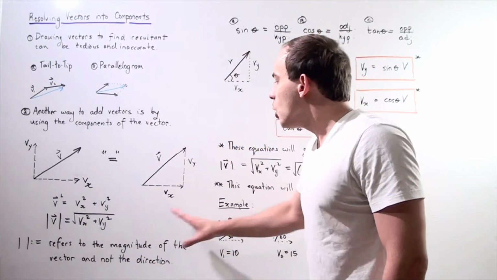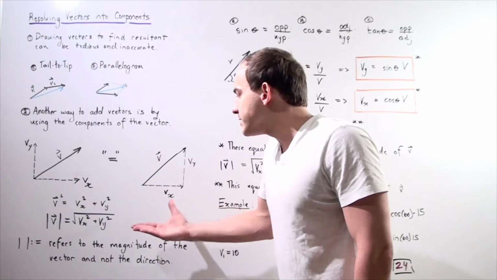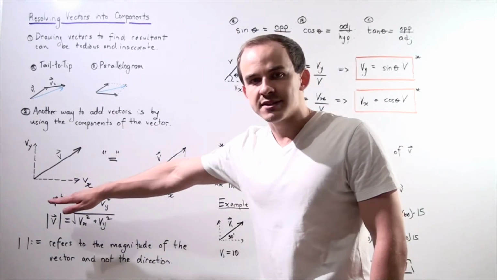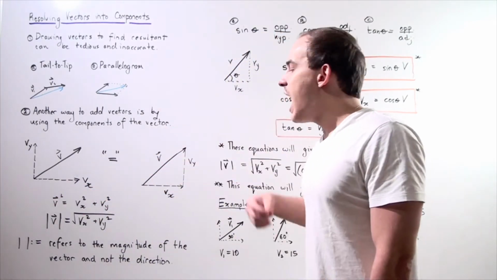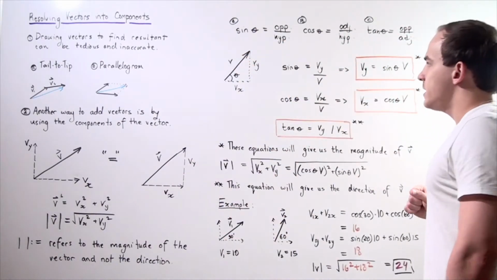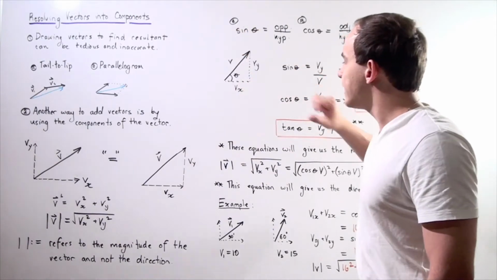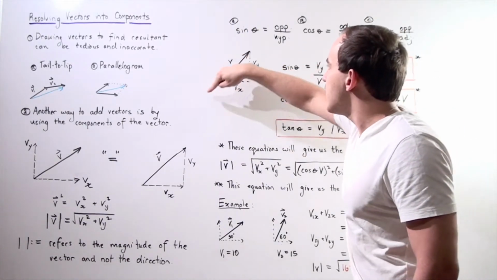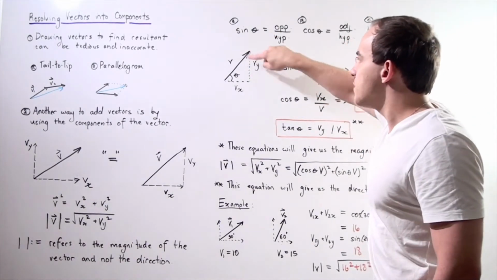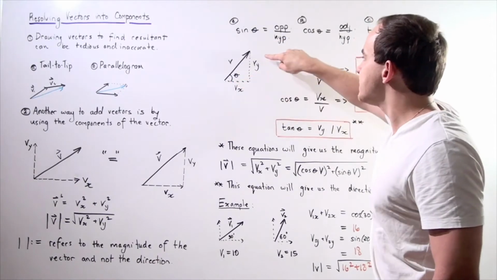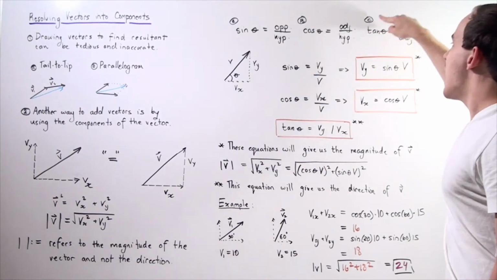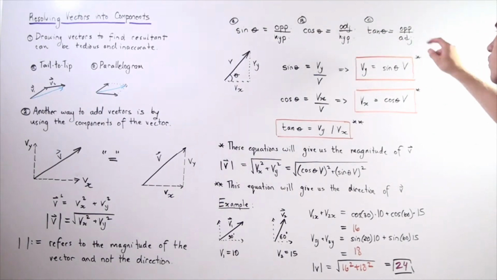Now, if I look at the triangle, I notice that if I know the angle between my original vector and the x-axis, I can use my trigonometric functions. Let's say the angle between my vector v and my x-axis is theta. The sine of theta is equal to opposite over hypotenuse, cosine is equal to adjacent over hypotenuse, and tangent is equal to opposite over adjacent.